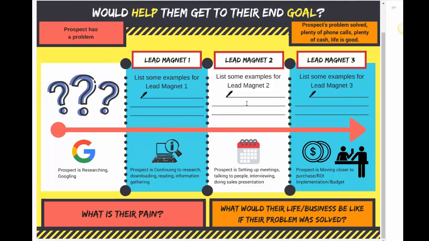As you know, building a marketing automation funnel lets it do the marketing for you. So you're really worried about the lead magnets, and then your marketing automation funnel does the communication marketing for you.